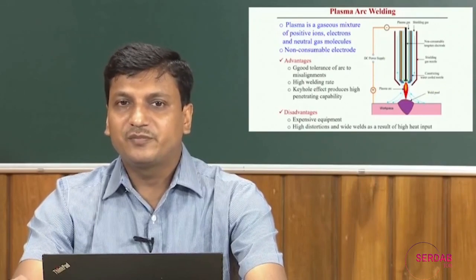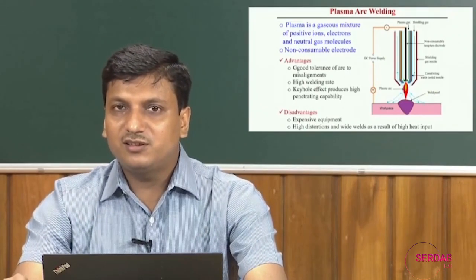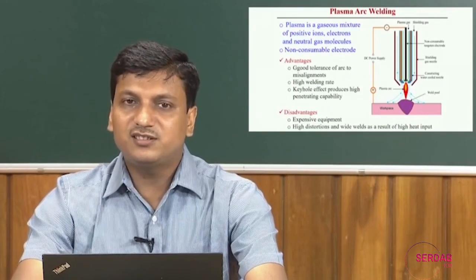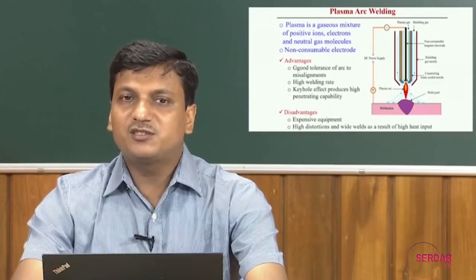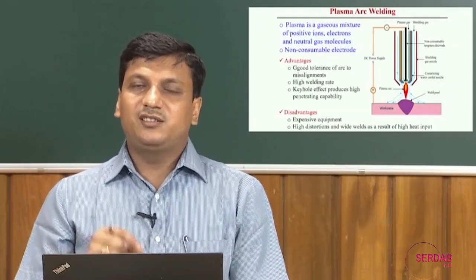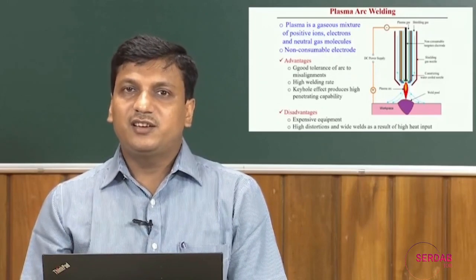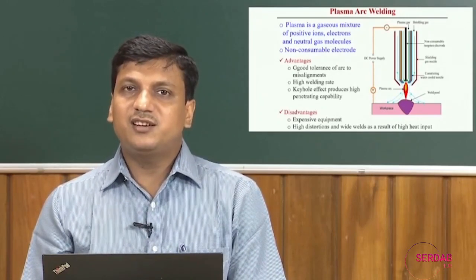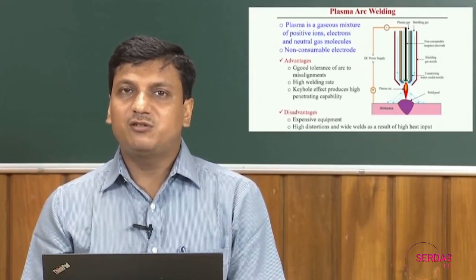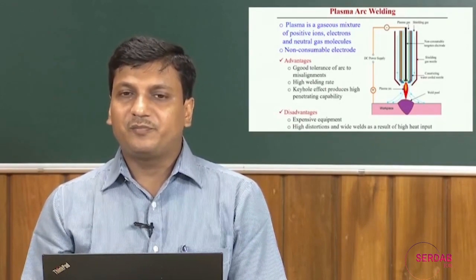Plasma arc welding can also be developed in the microplasma range, which is called the microplasma arc welding process, such that the welding current can be reduced to less than 10 amperes, and can even be controlled in the range of milliamperes.